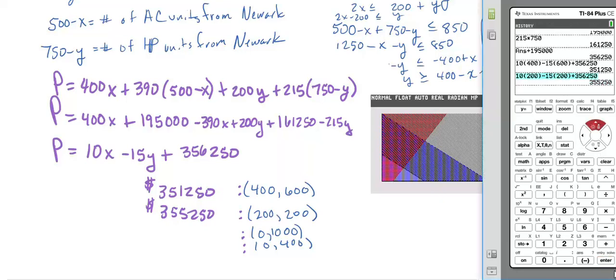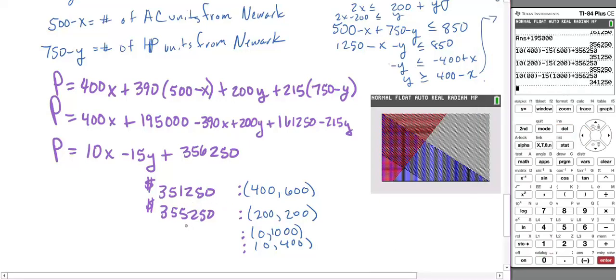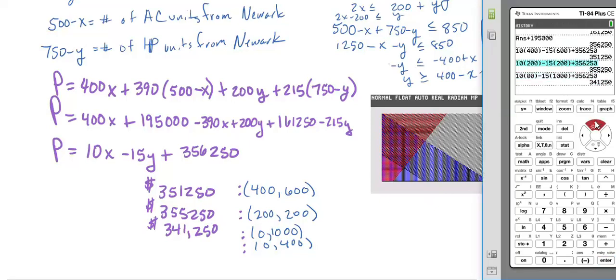And then we can do that again. Copy, make this a 0 and make this 1,000. We'll have to insert a 0. So that'd be 341,250. And again, go back up and copy.